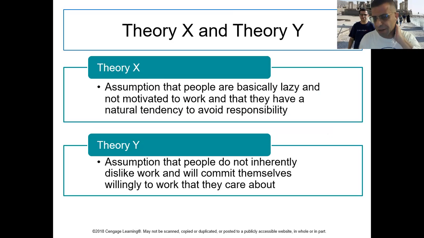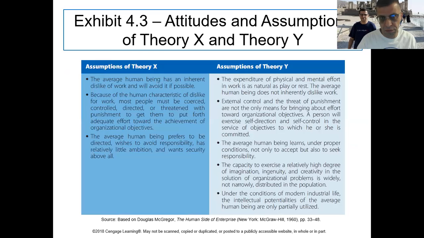Always X stands for bad stuff. Theory Y is the assumption that people do not inherently dislike work and will commit themselves willingly to work that they care about. Now, I'd like you to take a look at the assumptions of Theory X, try to understand where they came from, and then the assumptions of Theory Y.